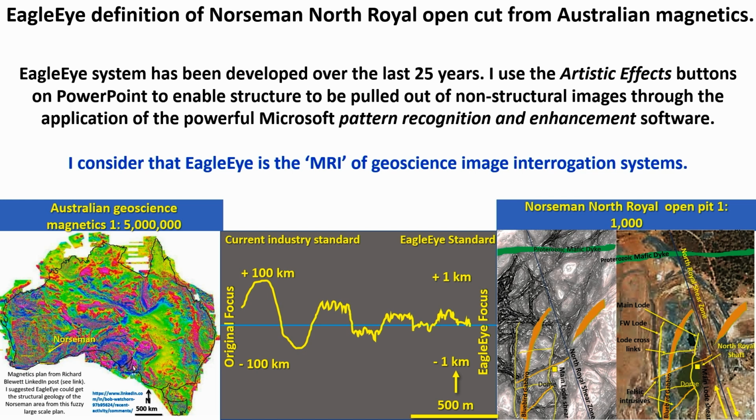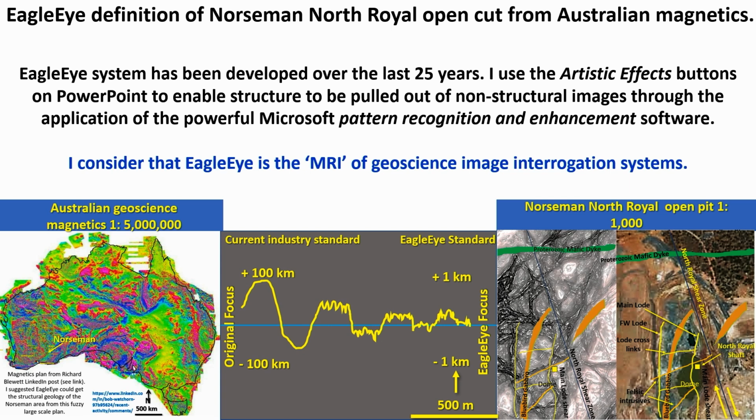I use the artistic effects buttons on PowerPoint to enable structure to be pulled out of non-structural images through the application of the powerful Microsoft pattern recognition enhancement software. I consider that EagleEye is the MRI of geoscience image interrogation systems currently.